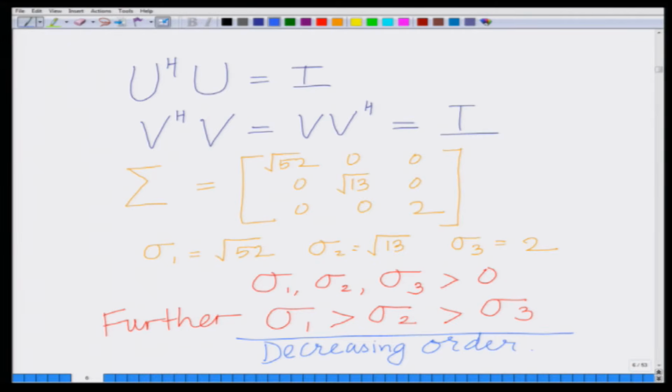So, we have the diagonal matrix sigma, the 3 singular values square root of 52, square root of 13 and 2 which are non-negative, in fact, they are positive, and these singular values are in decreasing order because square root of 52 is greater than square root of 13 is greater than 2.